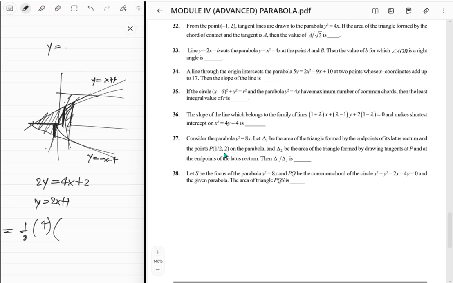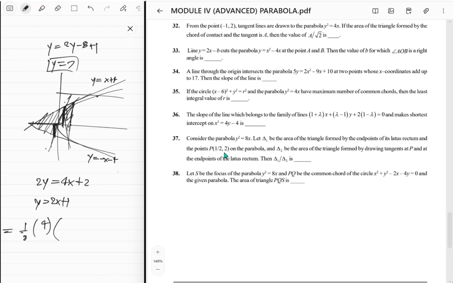So y is equal to 2y minus 8 plus 1. Y is equal to... y is equal to 8 minus 1, 7. So this guy has 7 as the y coordinate, right? Okay, what about this?